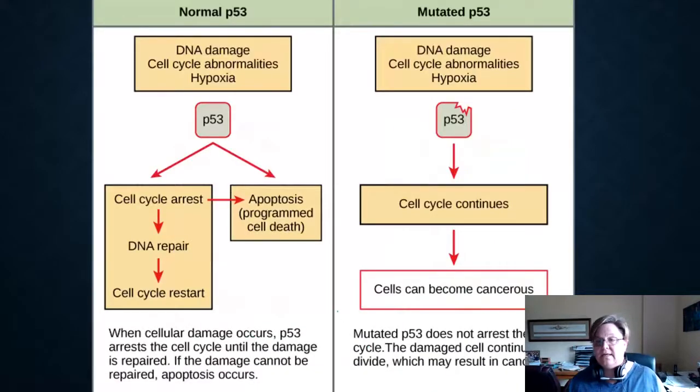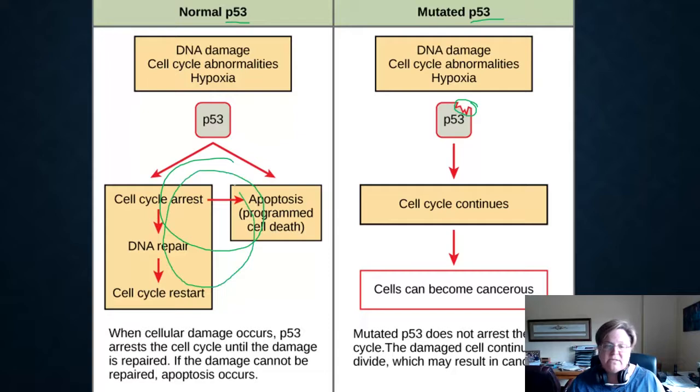For an example, if we look at a P53 gamete, we can see that on the left we're going to see a normal P53, and on the right it's mutated, shown with this broken crunch bite taken out of it. If it's normal, we have a normal cell cycle that happens: cell cycle arrest, DNA repair, restart, apoptosis, and it moves and moves in a continuous stream.